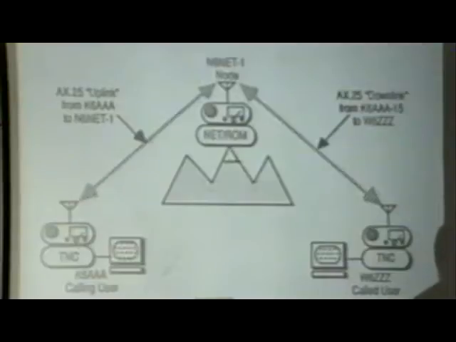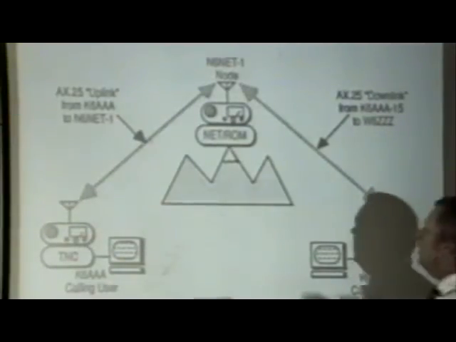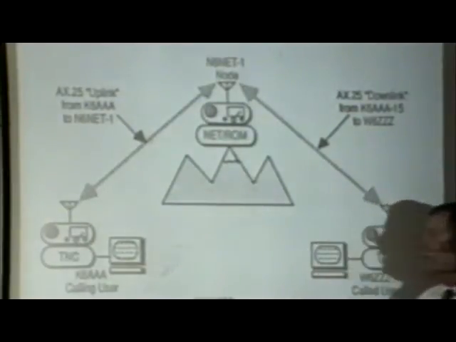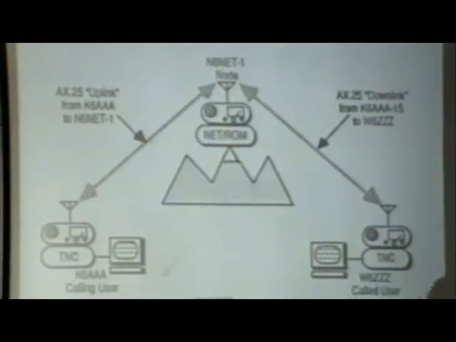Any questions on that one? Okay, now, this type of node, I have it labeled here as NetROM. I'm getting ahead of one slide that's going to come up here, but there are three common nodes and then a bunch of not so common nodes. NetROM and VNet are synonymous.